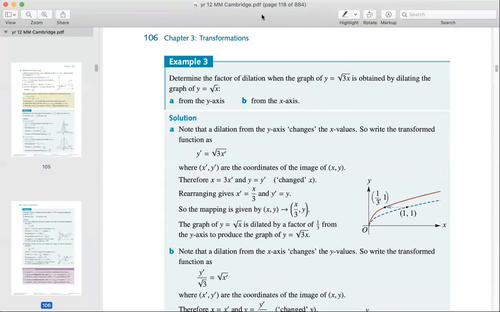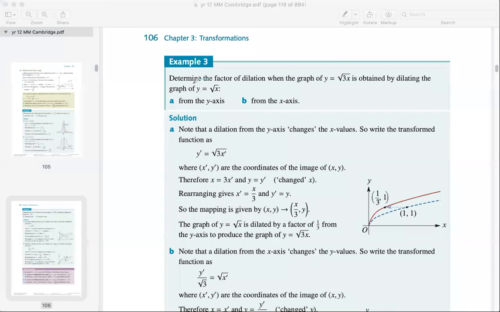First, look at the question. This one is the original, and this one is the new one. So what I know is y' equals 3x'. Once I have this, I get my original function, y equals square root of x. This is pretty straightforward: we just make them correspond. Then y' equals y, and 3x' just equals 3.